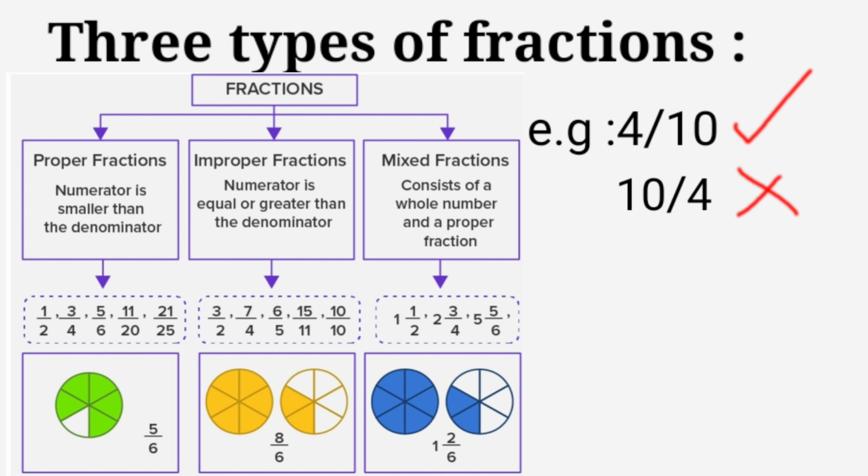But there is something left in the remainder, and that remainder is always a whole number only. As you learned in class 6, every number from 0 to infinity is called a whole number, and the remainder you will always get as 1, 2, 3, 4, 14, 15, a whole number only. So whenever we have an improper fraction, we'll convert it into a proper fraction along with one whole number. I hope students that you all understood about these three types.